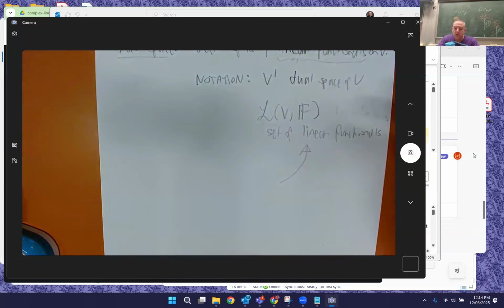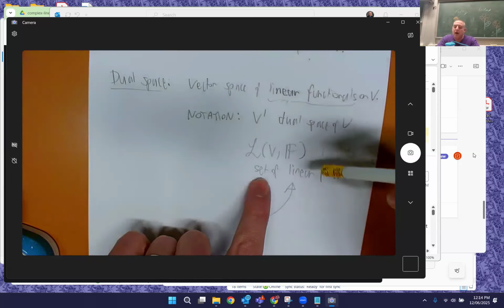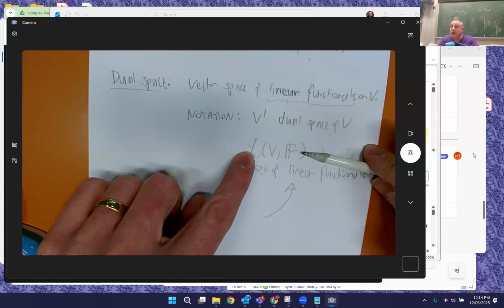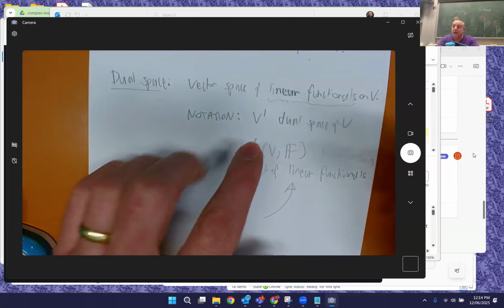Okay. So this isn't technically the set of linear, oh, I see. This notation is the set of linear maps from V to F. And we have redefined, we've got a new name and said that thing is called a linear functional. Those things are called linear functionals.